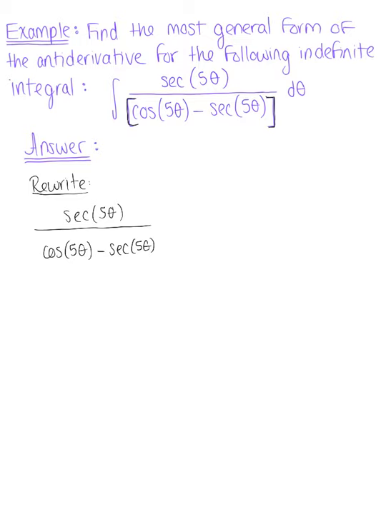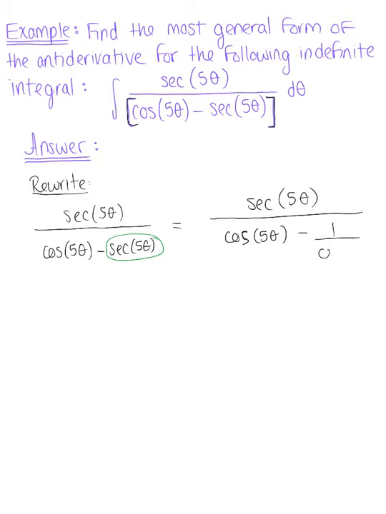So instead, I'm going to think about how I can rewrite secant of 5 theta. The numerator stays as it is, still secant of 5 theta, and this is now all divided by cosine of 5 theta, and I'm going to rewrite secant of 5 theta as 1 over cosine of 5 theta.